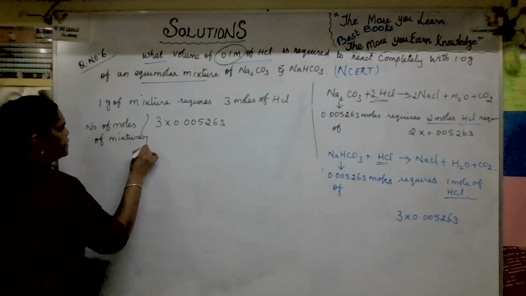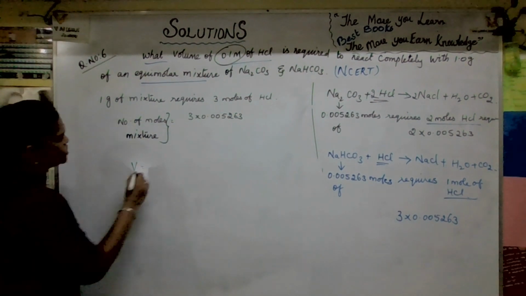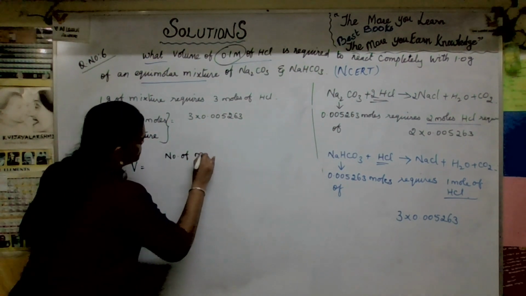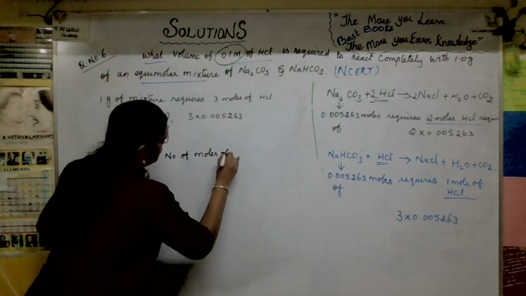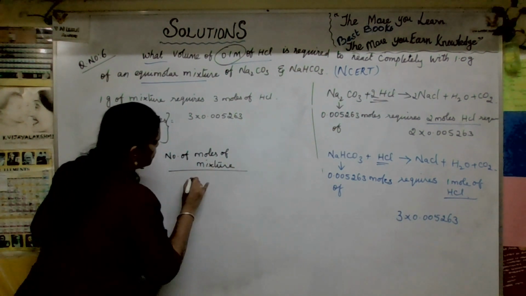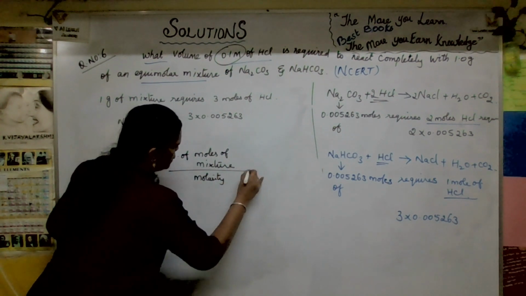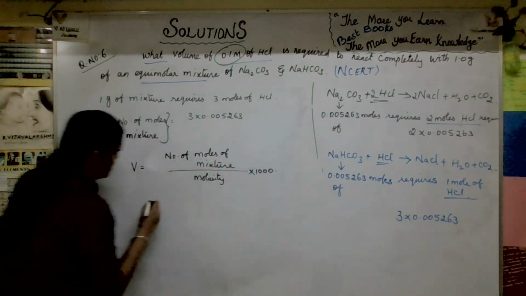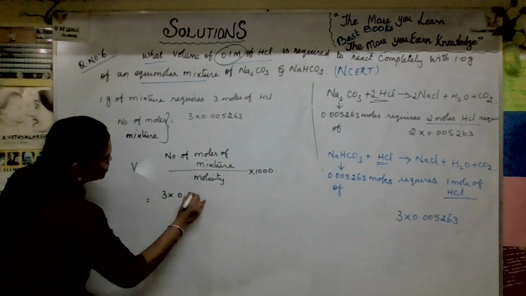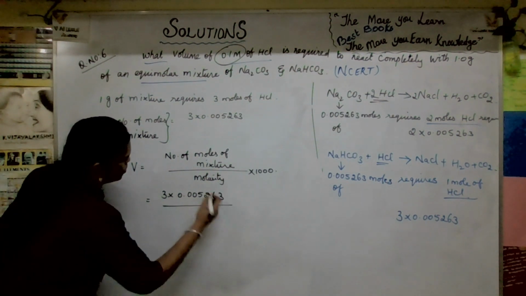We have to find out the volume of solution, how much volume requires. So volume equal to number of moles of mixture divided by molarity into 1000, right? Now 3 into 0.005263, same value only we got it now both.